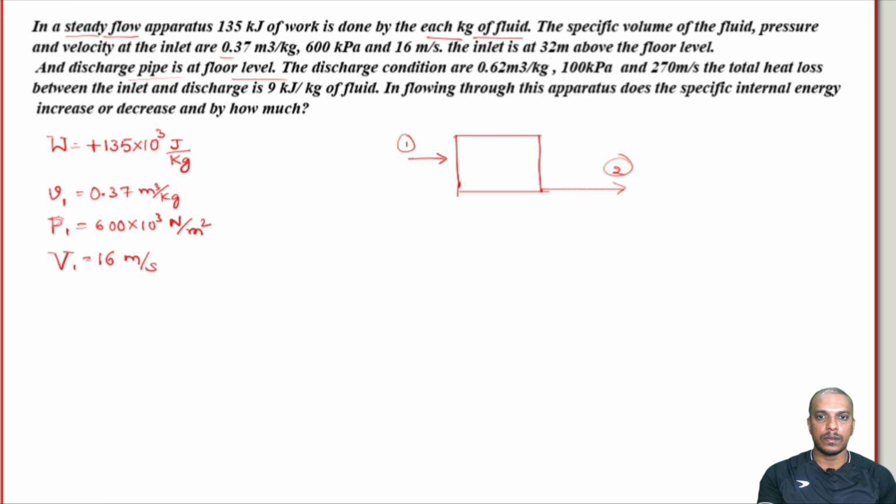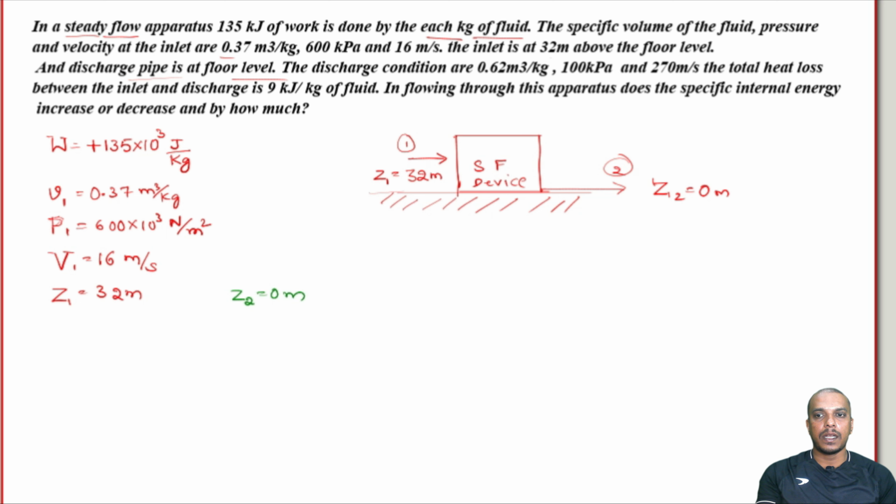So, this itself is the floor level, and this is our steady flow device. So, Z2 must be 0 now, because it is at the floor level, and Z1 is the distance which is 32 meter above the floor level. That is what is given. Z1 is 32 meter, and on the other hand we have Z2 is 0.